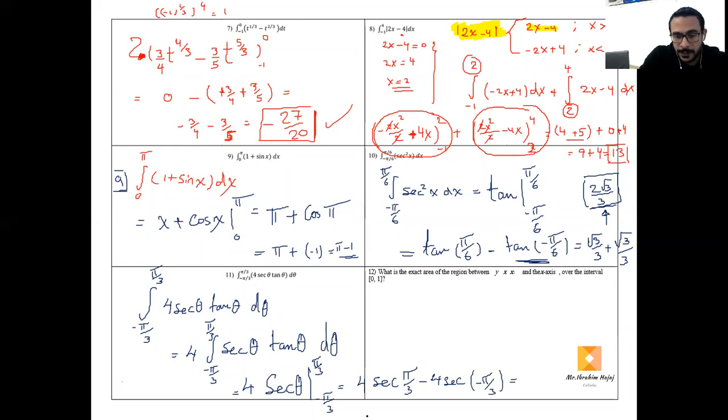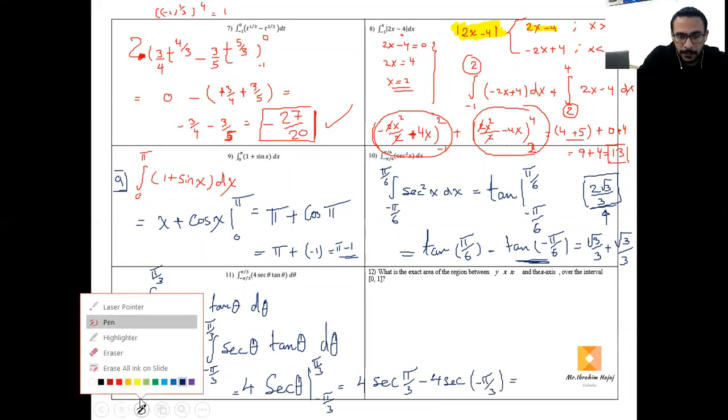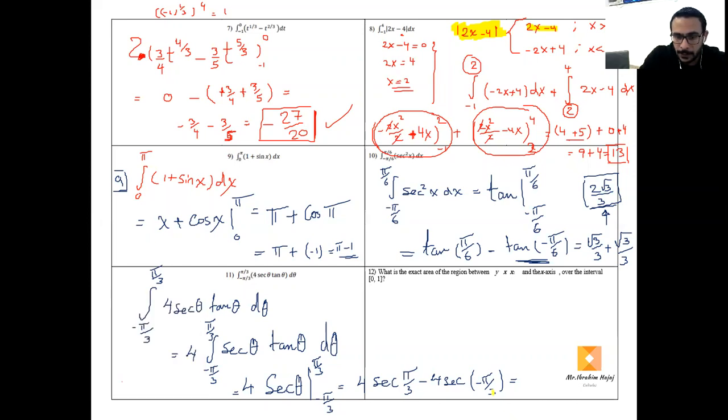And since sec is an even function like cosine, sec of negative pi over 3 is equal to sec of pi over 3. So we have 4 sec pi over 3 minus 4 sec pi over 3, which is equal to 0. So the two areas cancel each other.